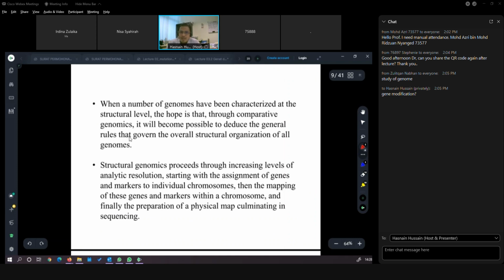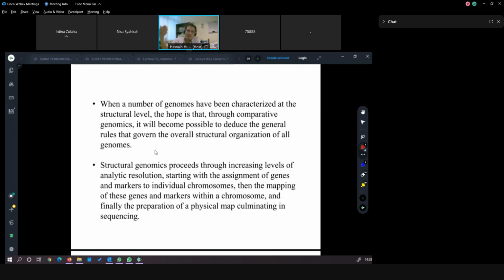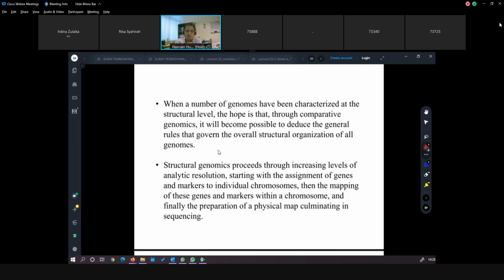When a number of genomes have been characterized at the structural level, the hope is that through comparative genomics, it will become possible to deduce the general rules that govern the overall structural organization of all organisms. If you go back to the previous two slides, structural genomics means that you know the sequence, and based on the sequence, you know this is a start codon, a stop codon, and what the function of the genes is.